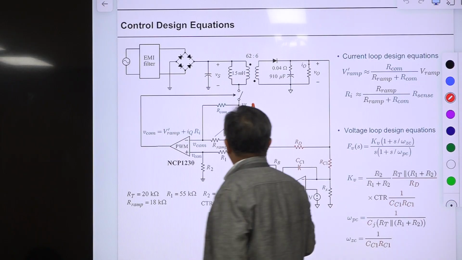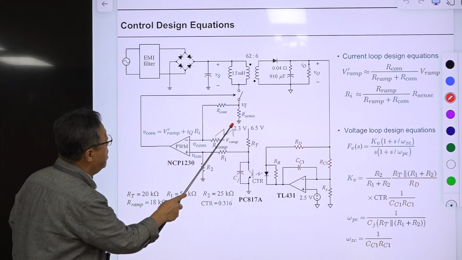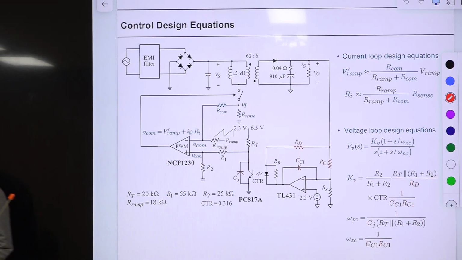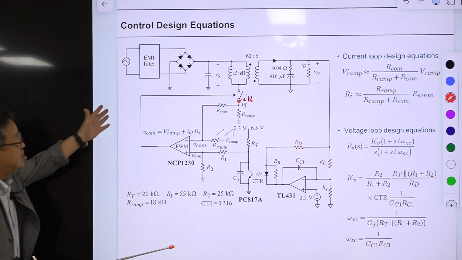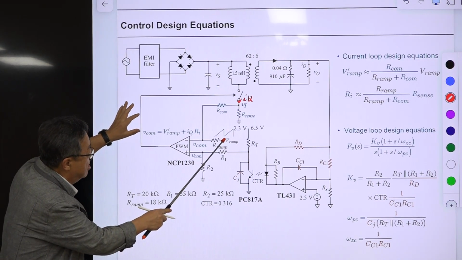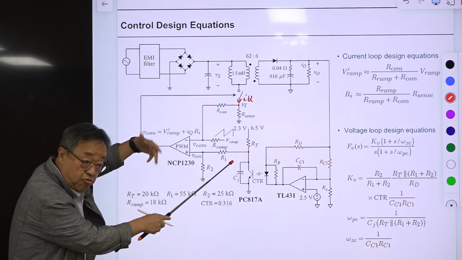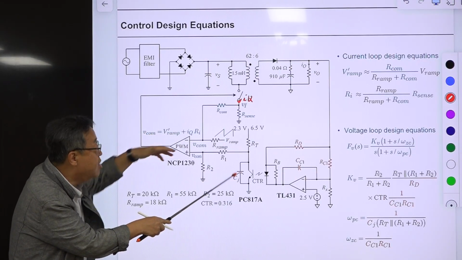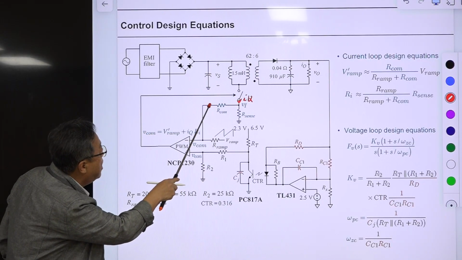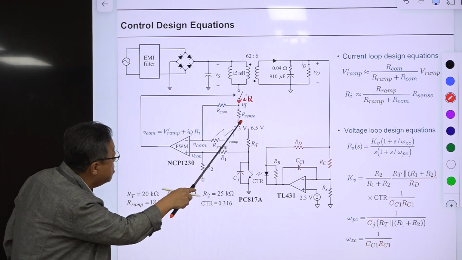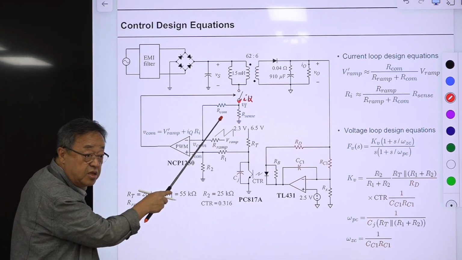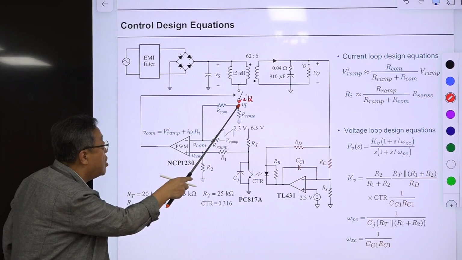There are three resistances associated with that. The switch current I_Q is coming down here. But during this small signal analysis, this should be grounded. I'm talking about superposition. Then that current will be divided into two paths, but this is much smaller than this, so all the current will go like this.